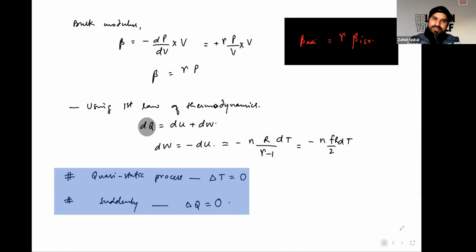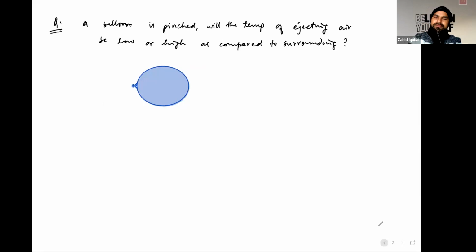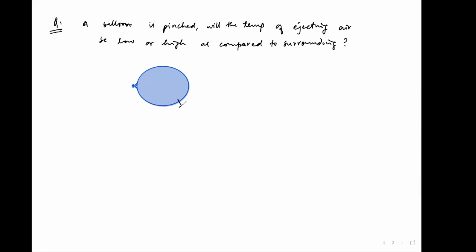So I defined in this part, if a process takes place all of a sudden, it is termed an adiabatic process. And if a process takes place very slowly, it is termed isothermal. So it will be fast or slow? Fast. So we can say it is adiabatic. Is it clear? Yes, sir.